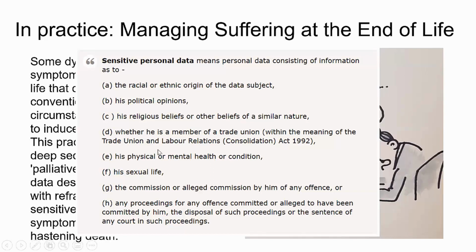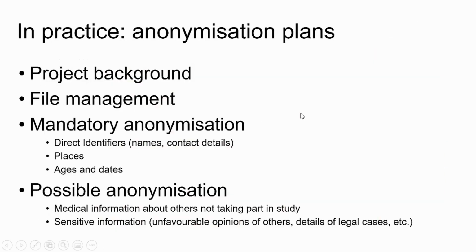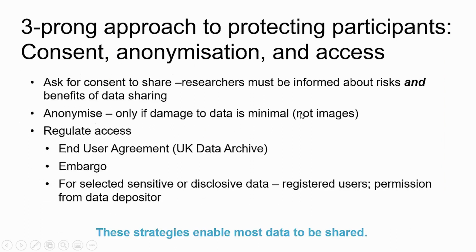Some of this may have touched on physical or mental health, but there are still ways of managing how you are protecting participant identities through the use of consent and through the use of access. So it's just to drive home the point that we do have more than one way to ensure confidentiality.